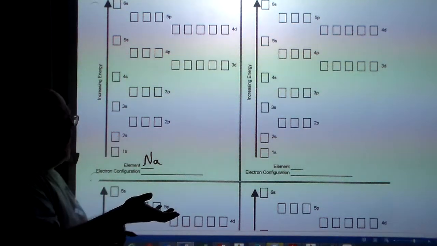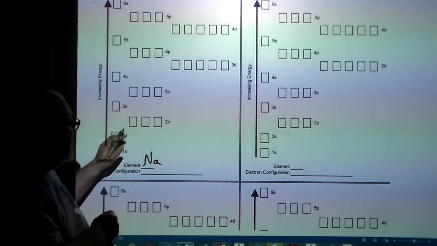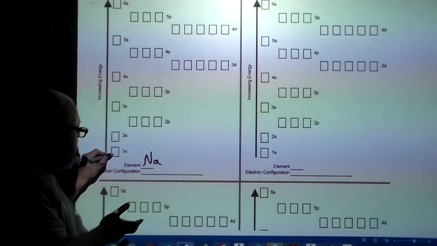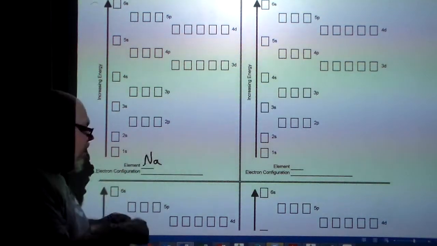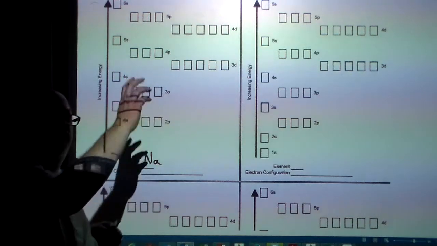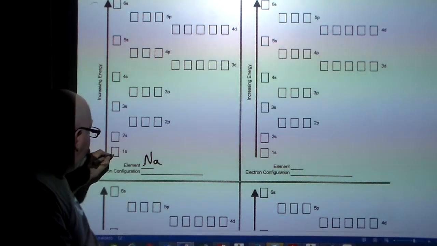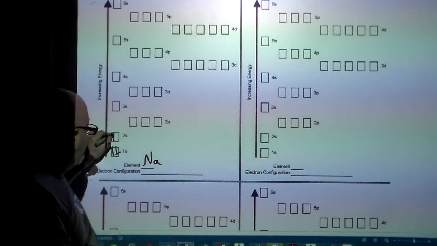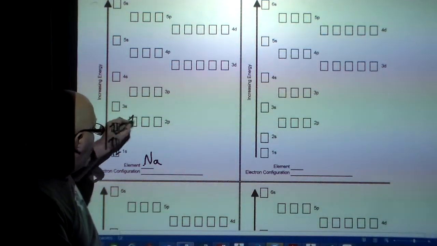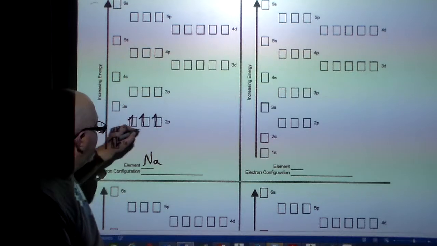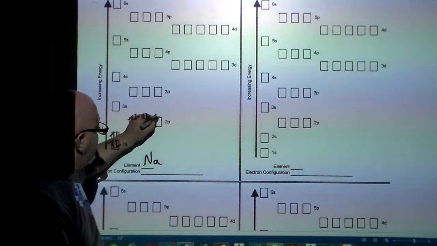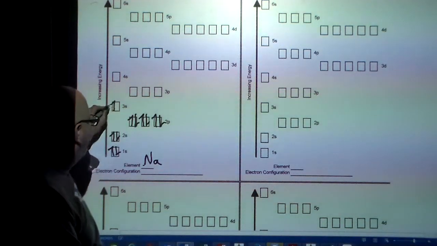Now, we know that it's going to have already 10 of these, right? Because it's got 11 electrons. We checked that on the periodic table, right? Check to see the atomic number is 11. 11 protons, 11 electrons. So we have 1, 2, 3, 4, 5, 6, 7, 8, 9, 10, 11.